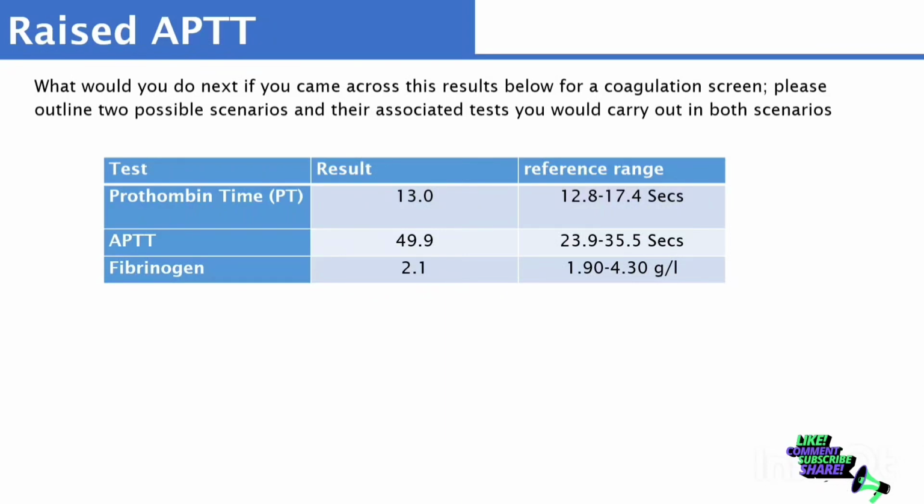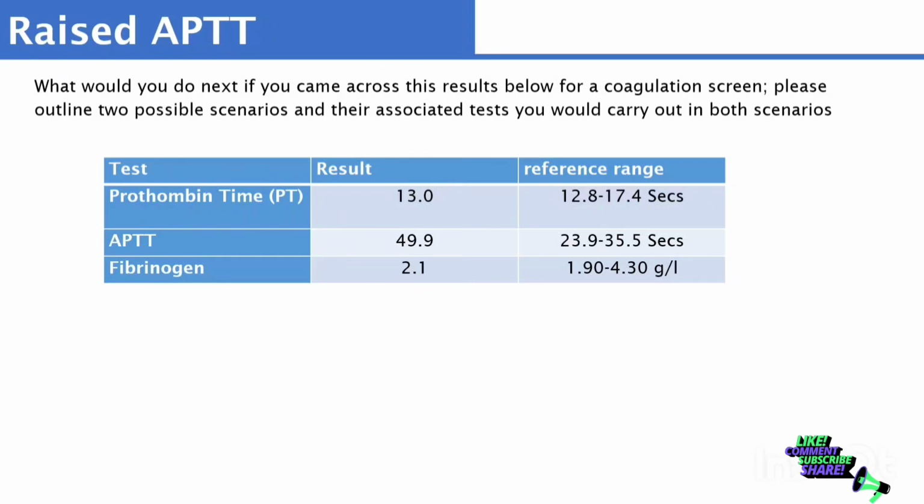I'm going to try to answer this question quickly. Looking at the reference ranges, you see that the only thing that is raised here is APTT. So prothrombin is fine, fibrinogen is fine.